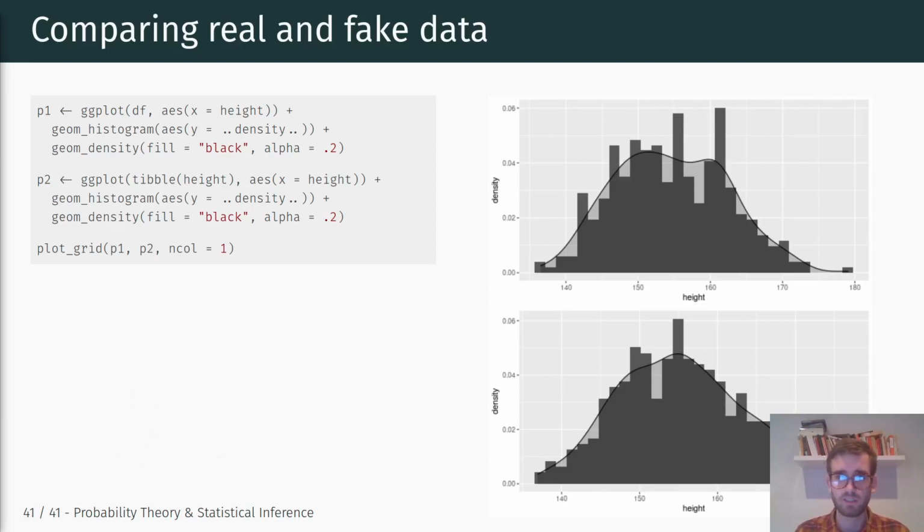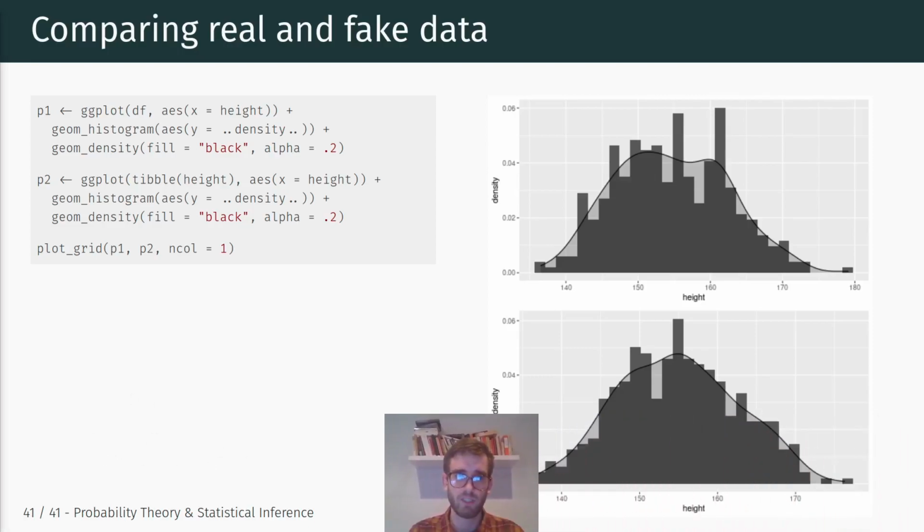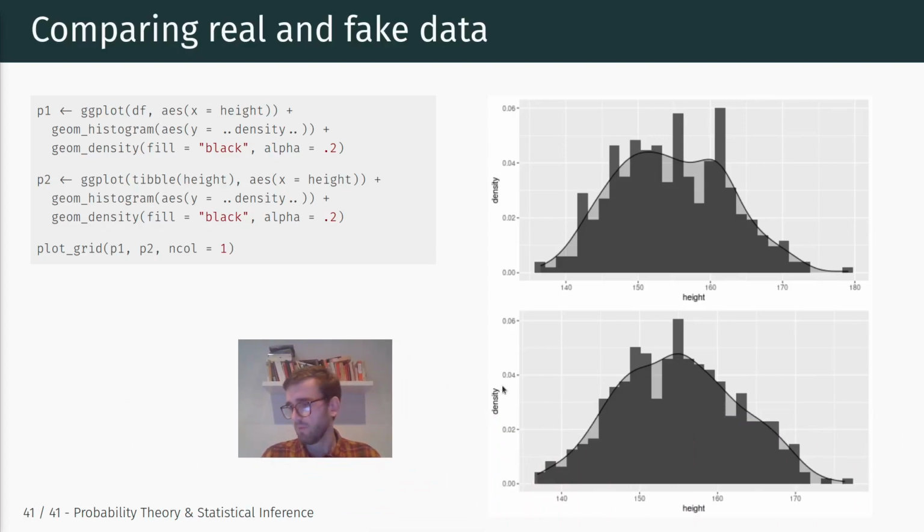Now let me move myself out of the way. This is just a quick example where we can see that by assuming a data generating process that just incorporates gender and then average height by gender and otherwise a normal distribution, we're making an assumption about the underlying generative model, right?